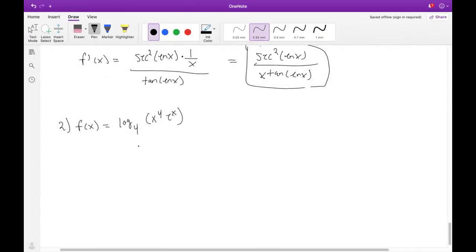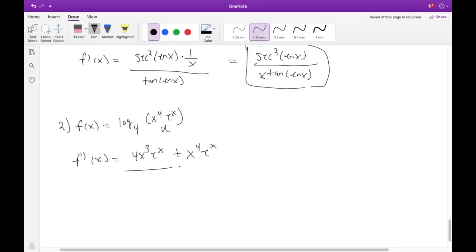So again, we're going to take the derivative of u first. So the derivative of x to the 4th e to the x, by product rule, is 4x cubed e to the x plus x to the 4th times the derivative of e to the x, which is e to the x. So that's du.